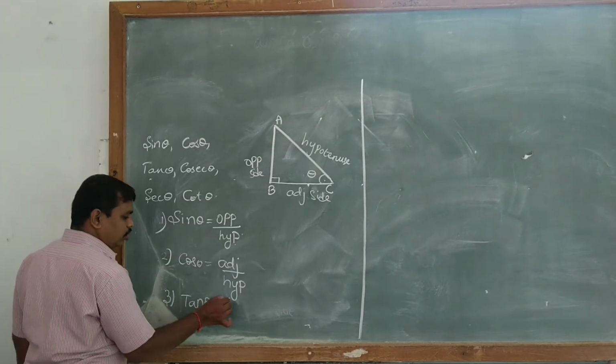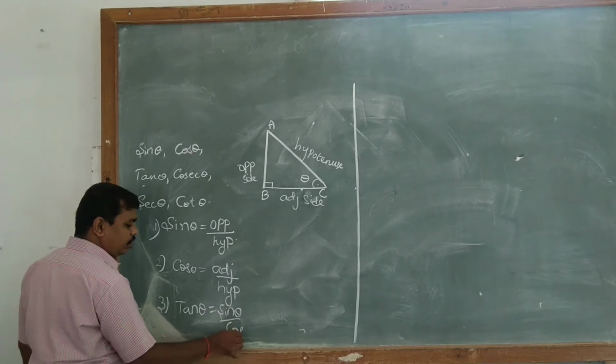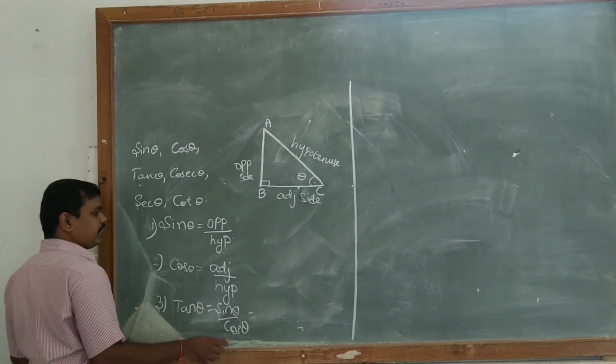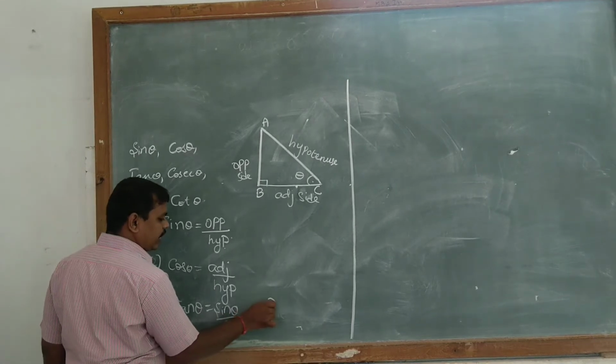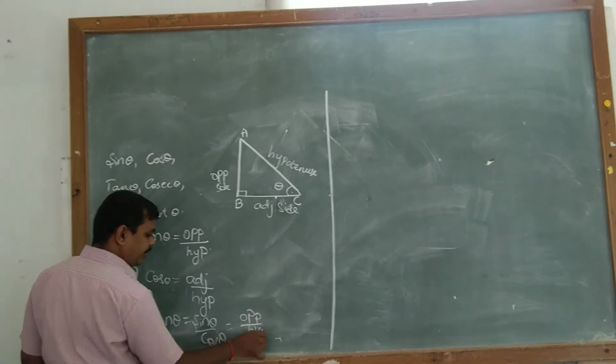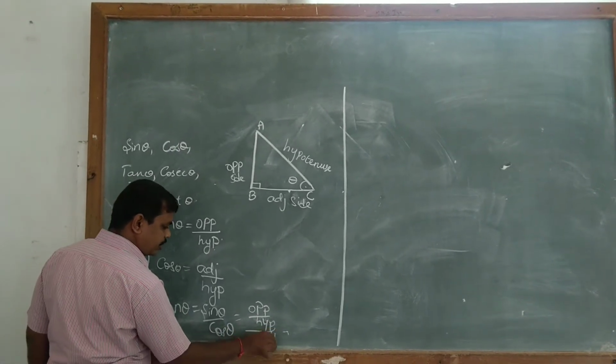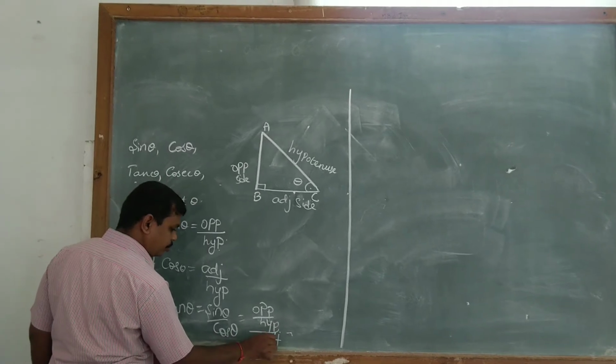Okay students, so this is sin theta by cos theta means, when I write, what will be our answer? What is our sin theta answer? Opposite side by hypotenuse, divided by adjacent by hypotenuse.